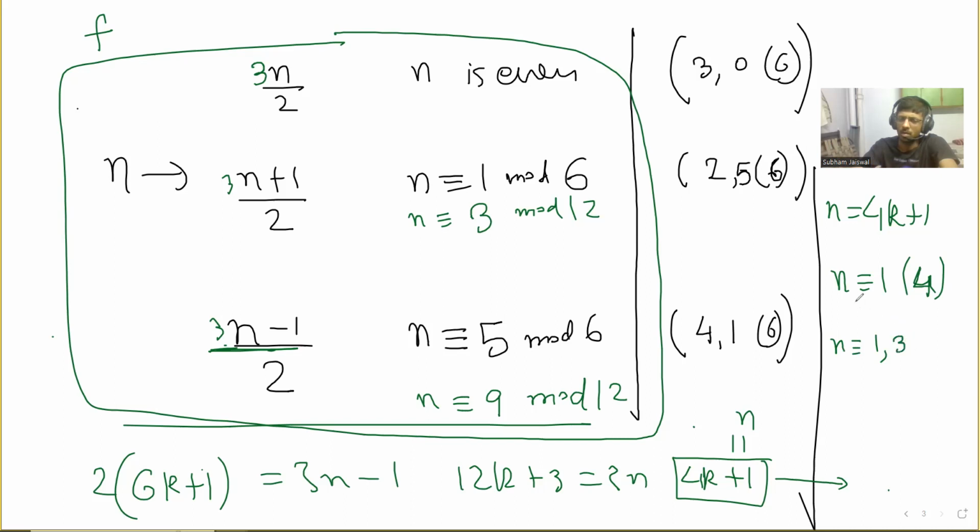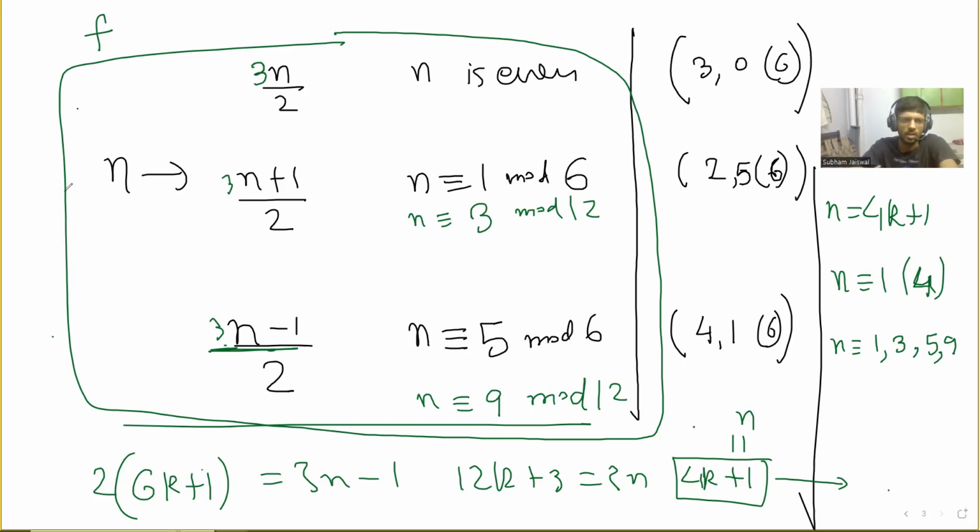If n is 1 modulo 4, then what can it be modulo 12? It can be 5 also and 9 also. That's all? Yes, that's all.